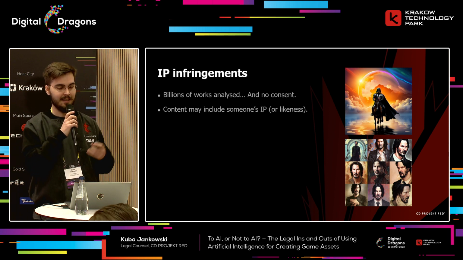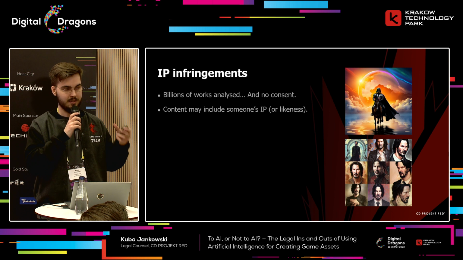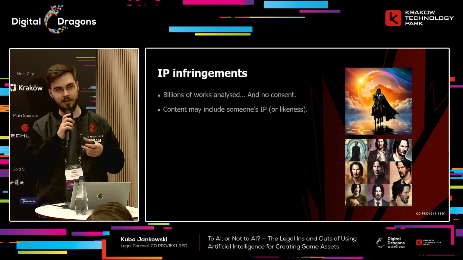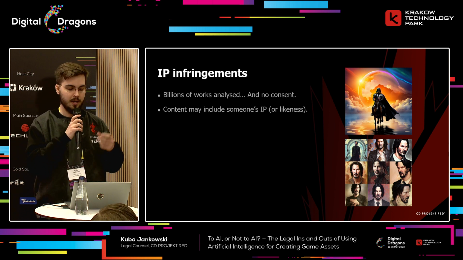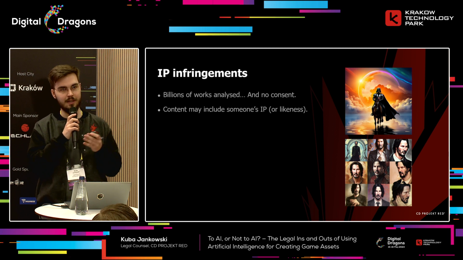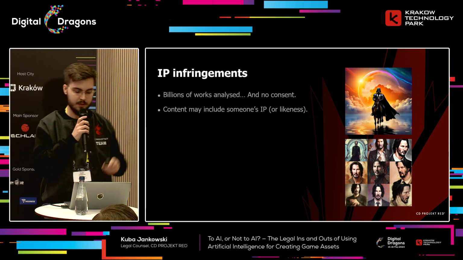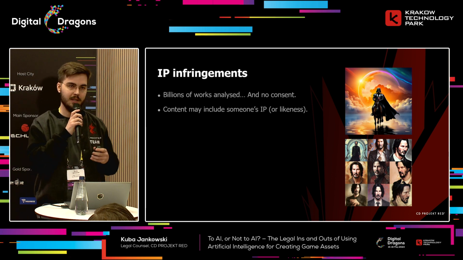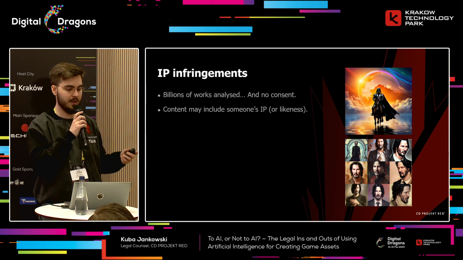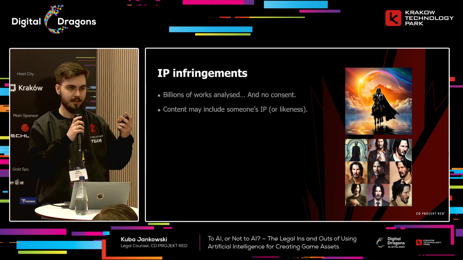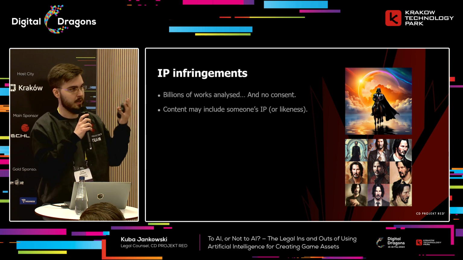What that means is that this particular content that serves as data for training of those tools will include someone else's intellectual property, and so as a result, very often the output that you can see in here as an example will include someone else's intellectual property like copyrights or someone's likeness, their face, right?